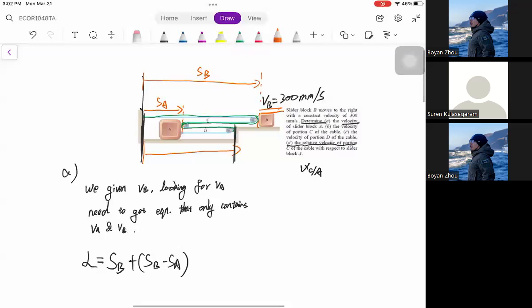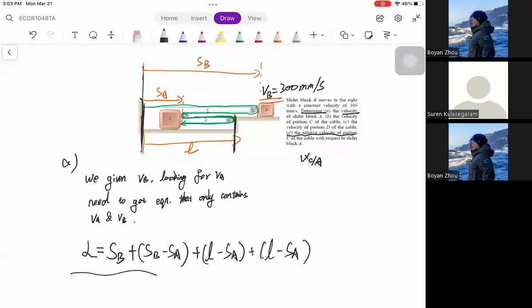So I'm going to use a smaller l. Going to the right, that is going to be l minus SA, from here all the way to here. And then we're going back. Going back is another l minus SA.